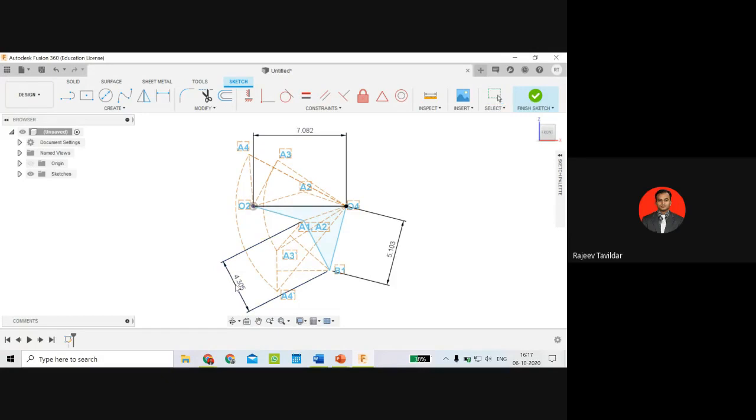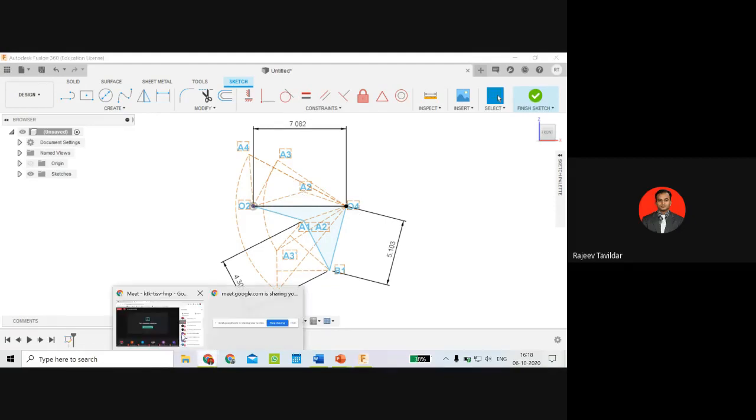So if this problem is clear to you, we'll be solving another problem in the next class on the same, so that you can have a better practice on this, because we have seen that there's nothing to read or derivation point of view. If you understand the procedure of how to draw it, then 15-20 marks are there in your pocket. So we'll be practicing another problem in the next class. If you have any doubts, please let me know with respect to this problem.